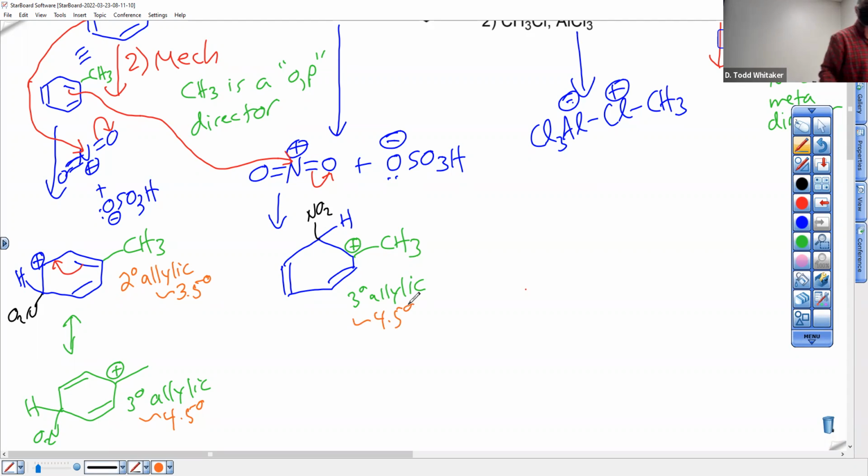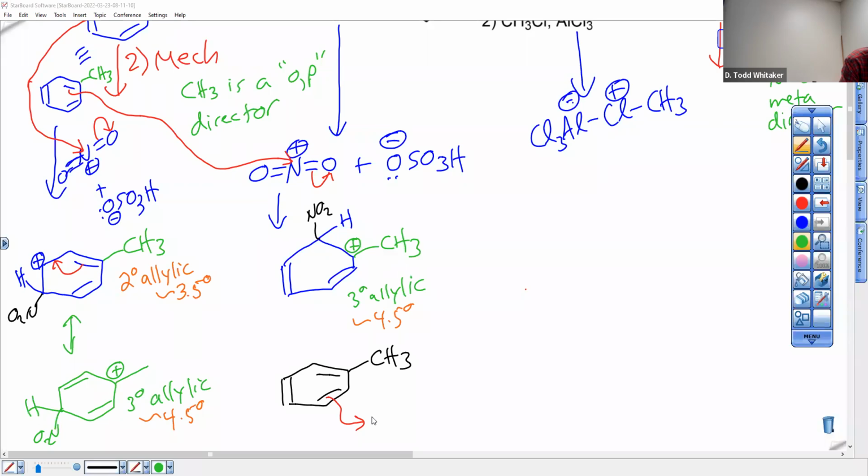Because this cation exists, that means the mechanism should go this way. I want to point out that if you try to put the group in the meta position, you will not get any 4.5 degree stable cation. I will do the hypothetical attempt at the meta mechanism. You would have to use either this pi bond or the one to the left.